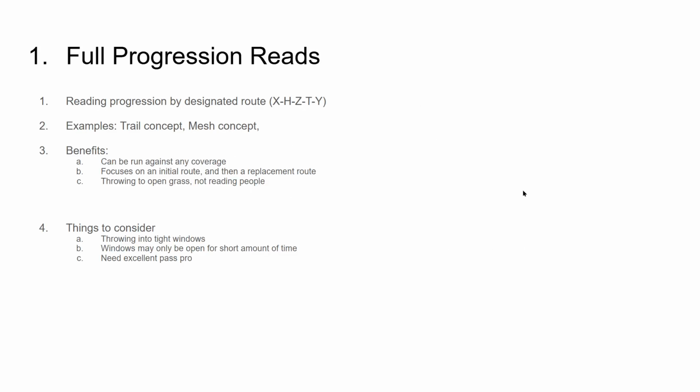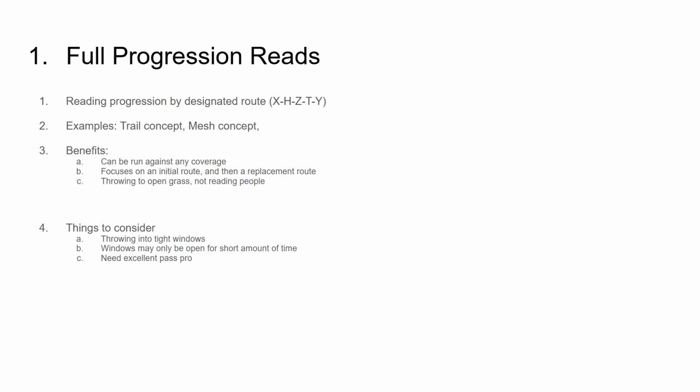All right. So the first thing that we're going to go over is the full progression reads. This uses the entire field generally, very focused on just reading out the full field. You're going through a certain route first.